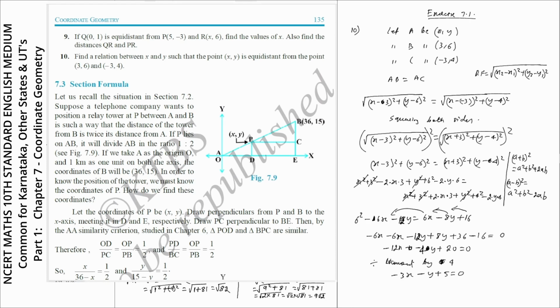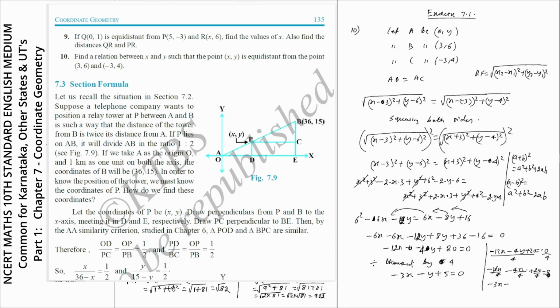So how to do that division? Minus 12x minus 4y plus 20 is equal to 0. Dividing by 4 means I should divide all the terms: minus 12x by 4, minus 4y by 4, plus 20 by 4, is equal to 0 by 4. 0 by 4 is 0 only. So 4 1s are 4, 4 3s are 12.